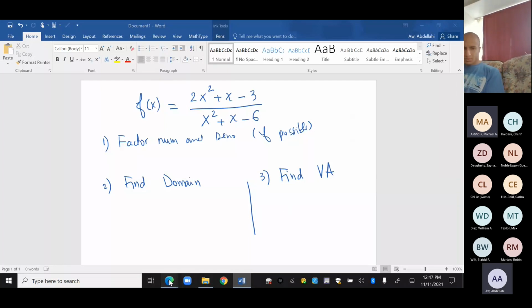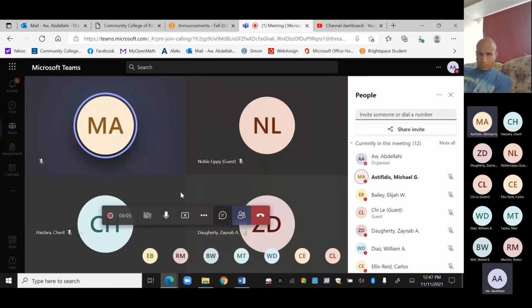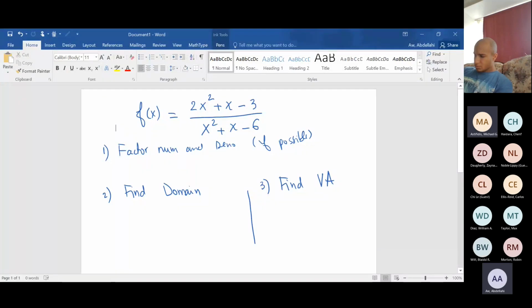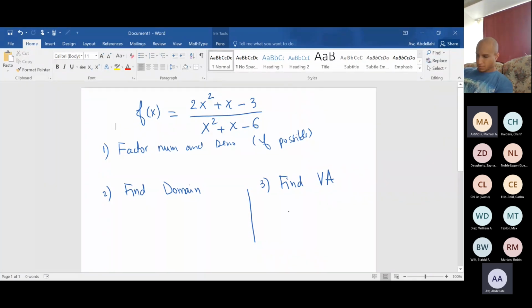Let me just share so I can have the window, right? That way, if I go to explore my computer, you'll be able to see it. All right. Go ahead, everybody. Try to do the factoring, everybody, in a couple of minutes, please.